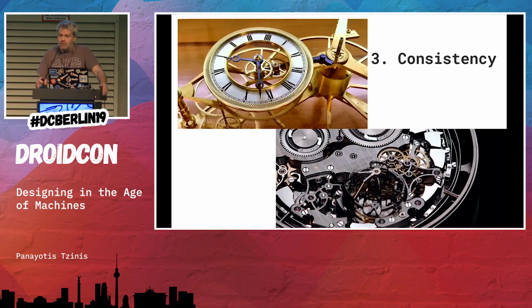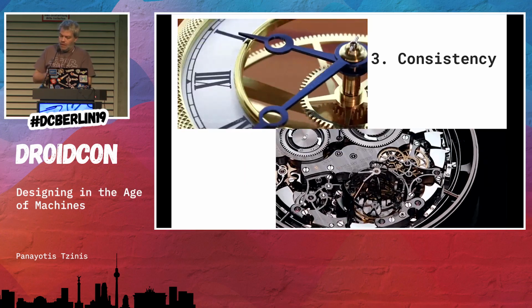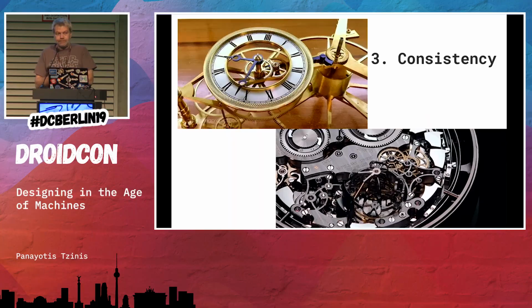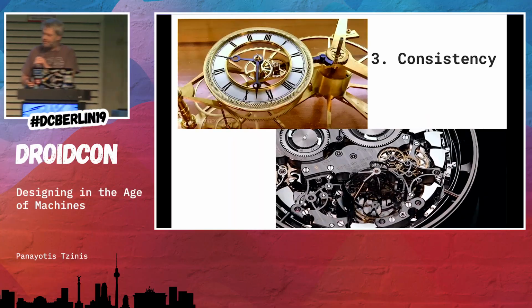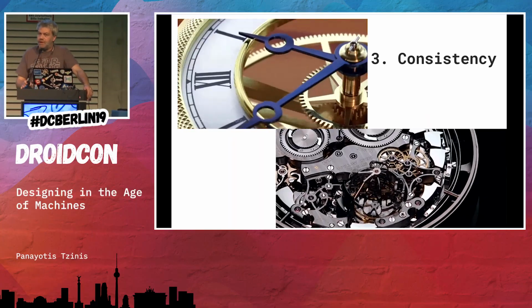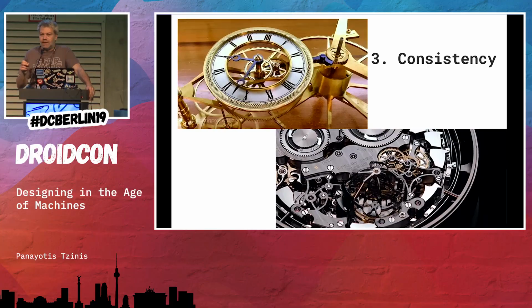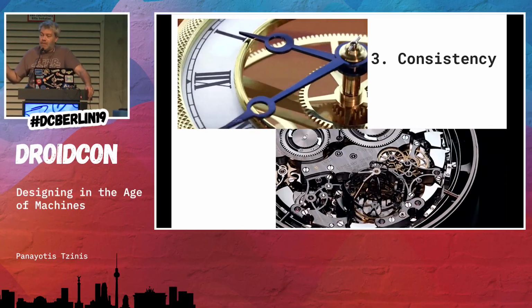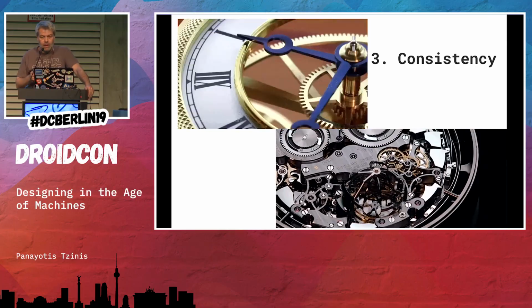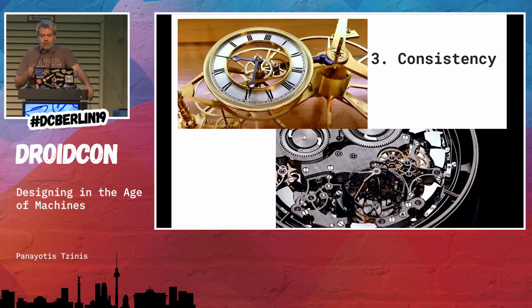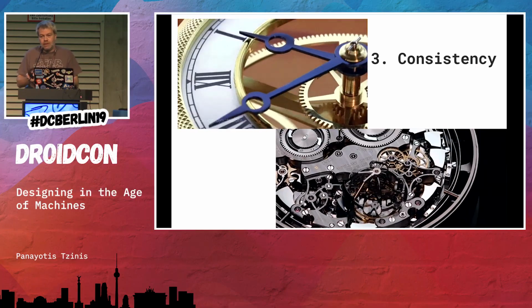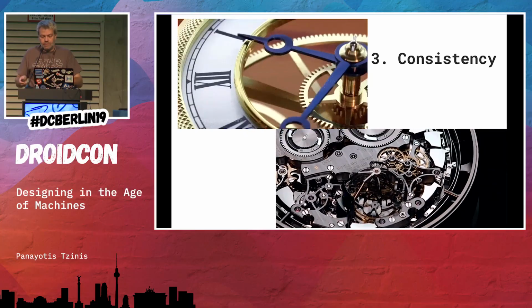And for consistency, you need to give the machine a little tip on what is the next mechanism, in this case about the clock. And this is the consistency, so the machine can replicate the continuity into consistency.